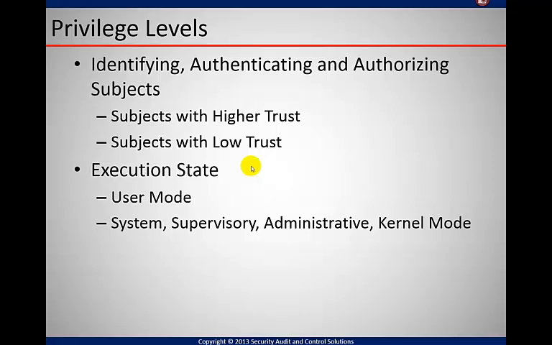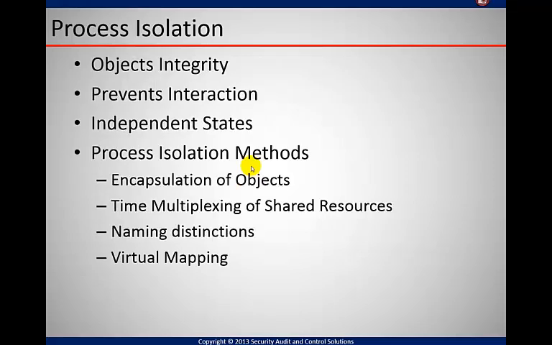Now, also during the execution state, a user, the application or the process can be in user mode or in system mode. When you look at system mode, there are a couple of words that mean the same: supervisory mode, administrative mode, and kernel mode. Now, with process isolation between these modes, we need to ensure that the objects' integrity is intact.